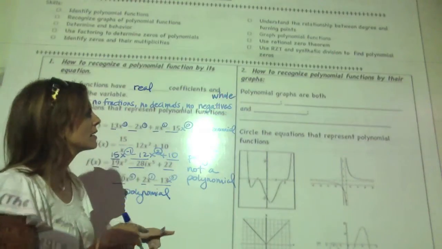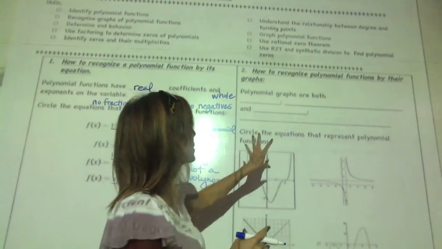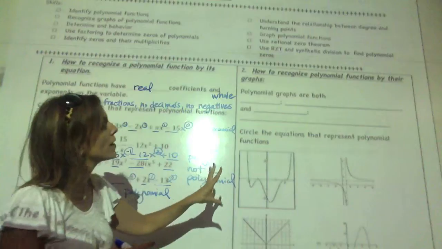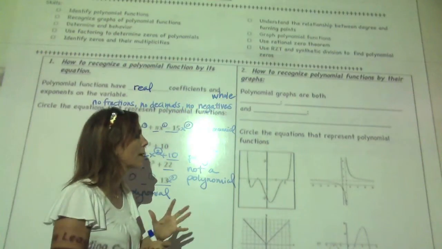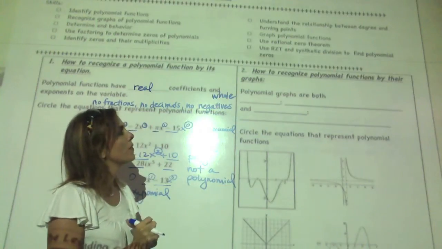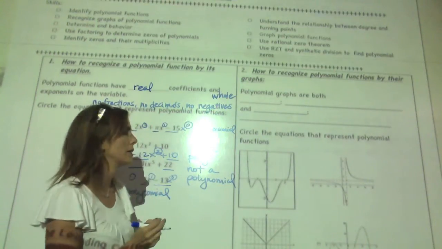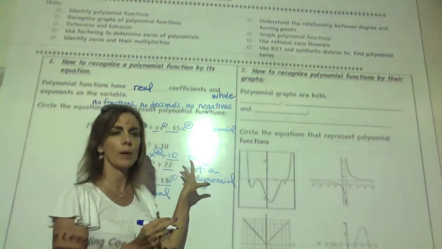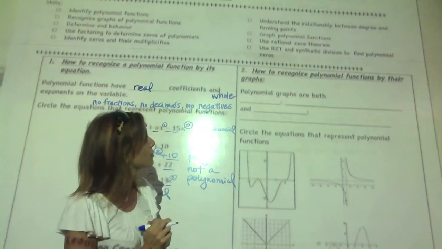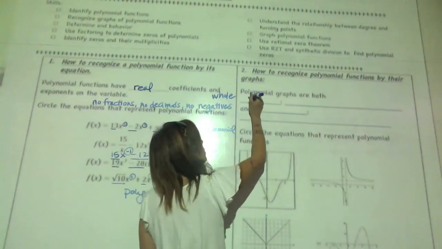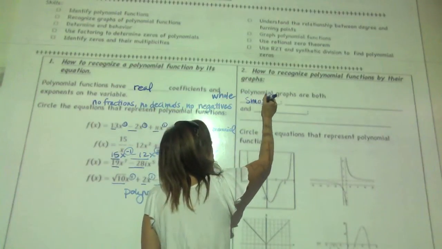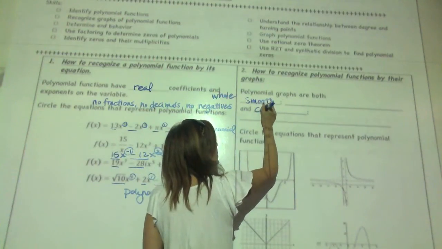All right, moving on to the next criteria. We're going to look at polynomial functions and try to decide whether or not they're polynomials by looking at their graphs. Here we had two criteria with equations. The graphs themselves have two criteria. Polynomial graphs are both smooth and continuous.